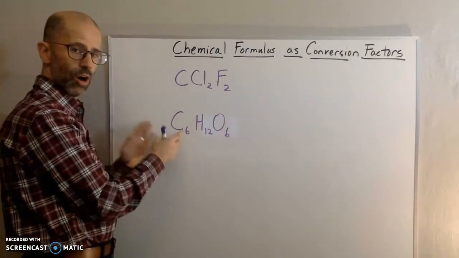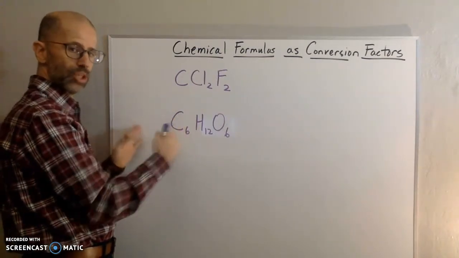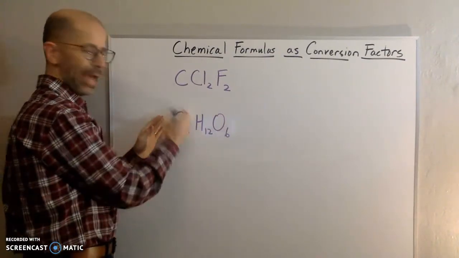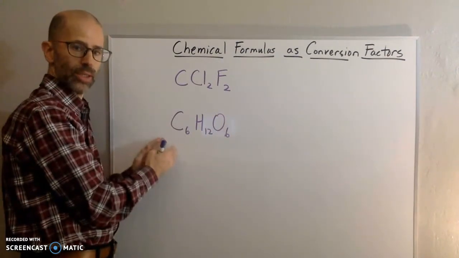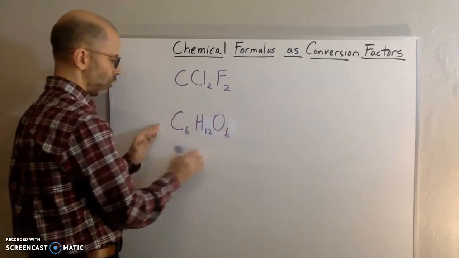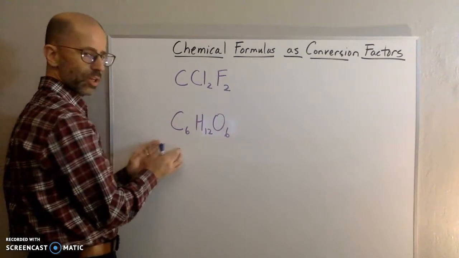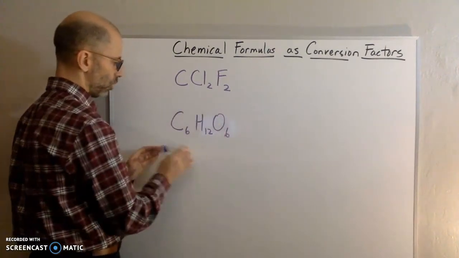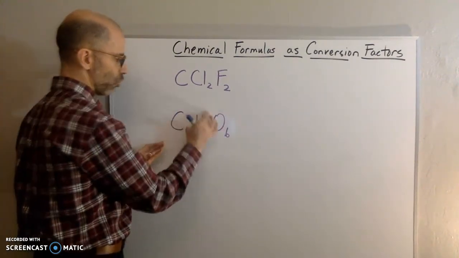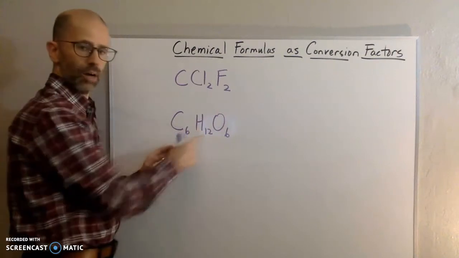So the mole ratio between whole and part is also 1 to 6. So 1 mole of this is equal to 6 moles of carbon. 1 mole of the glucose is equal to 12 moles of the hydrogen.